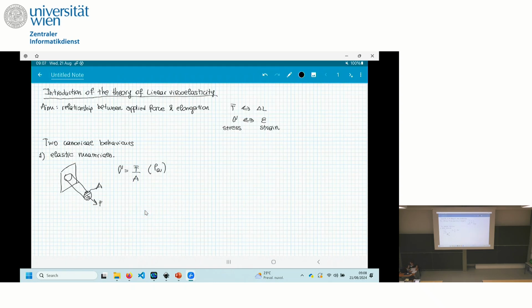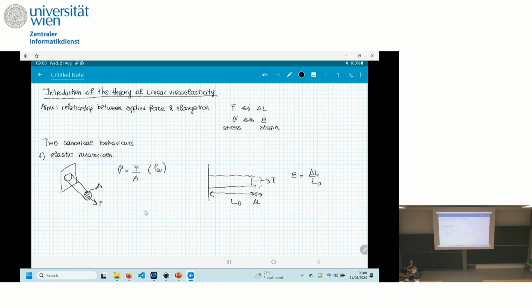So what about the strain? If we take a bar of length L, we have applied this force. So now I'm just going to do a cross-sectional view of length L. This is going to elongate by delta L. So our strain is going to be defined as the elongation over the initial length that I called L0.